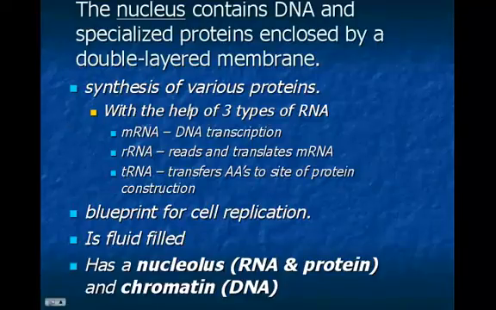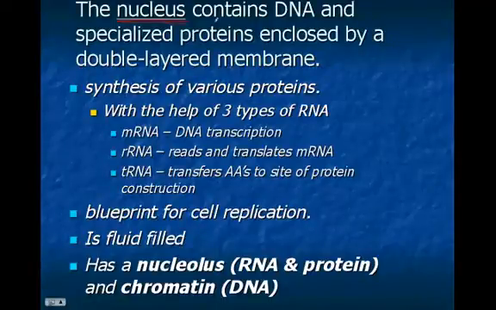All right, so let's talk about the nucleus now. The nucleus is kind of an important organelle, right? It's what I like to consider to be the computer of the cell. The nucleus is going to house your DNA, right? And this is your genetic material that's going to code for all of the proteins that the cell needs to make, okay?